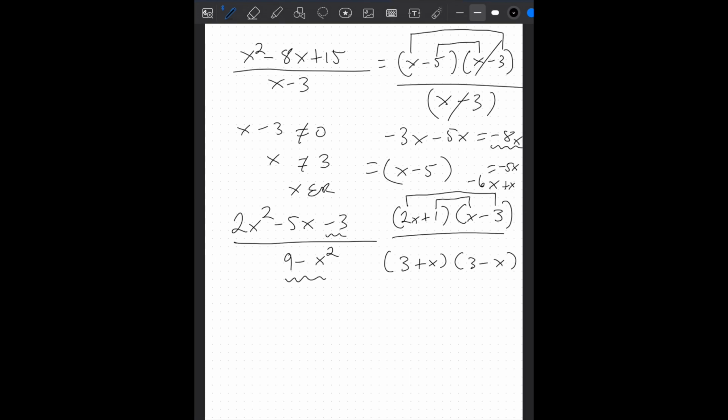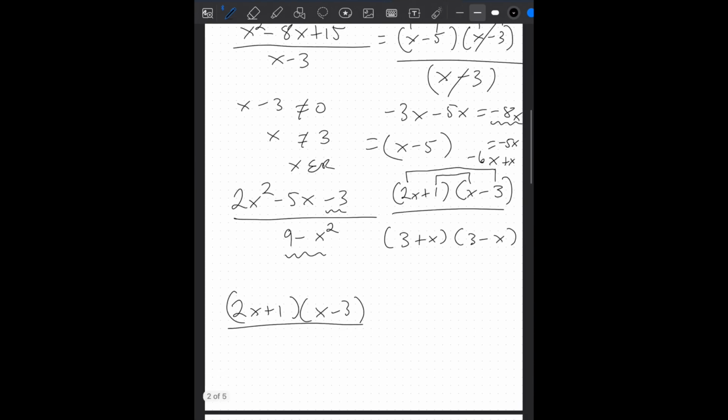So now that we have that, we can see that we have an x minus 3 on the numerator and 3 minus x on the denominator. So if I rewrite this second fraction, I'm just going to move it down here, 2x plus 1, x minus 3 over, if I factor out, let's see what happens.